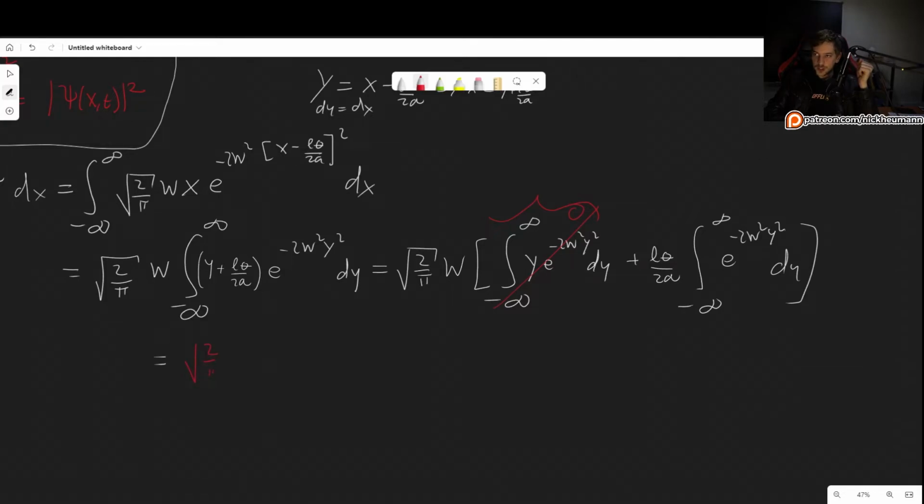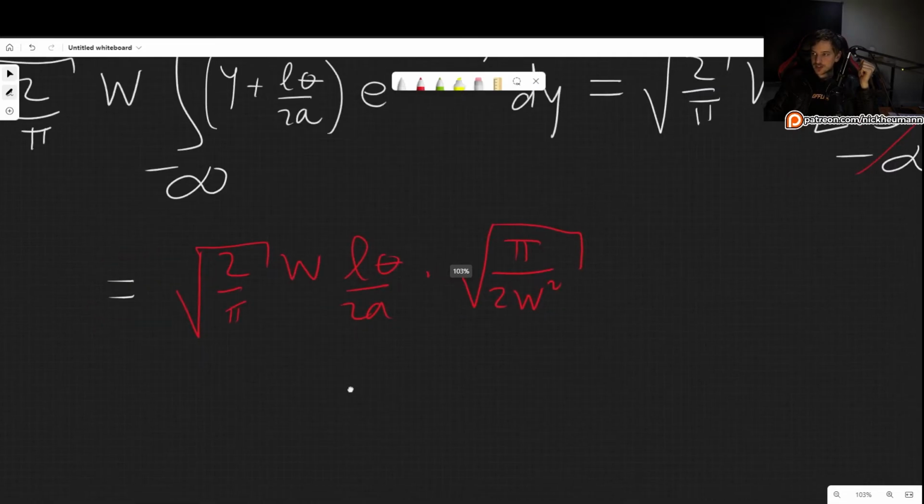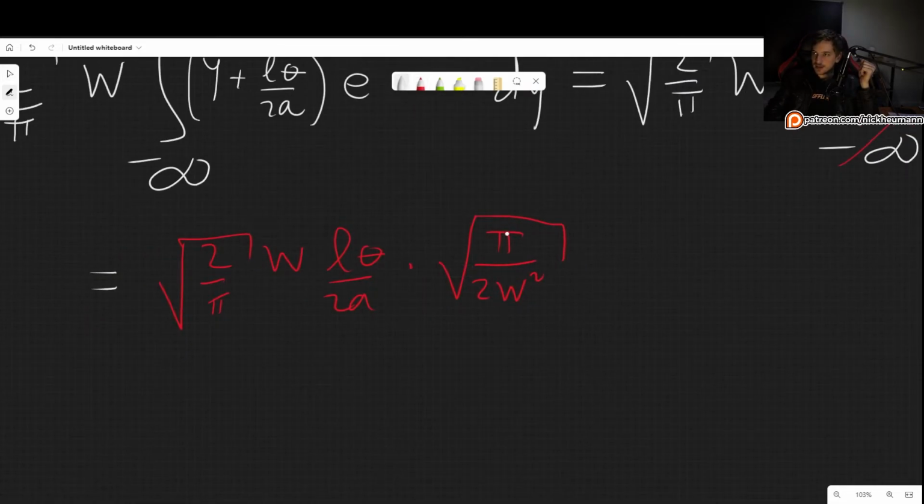So we already know its result. So this is the square root of w, L theta over 2a times the square root of pi divided by 2w squared. Okay, so here we can start simplifying. And what is theta?